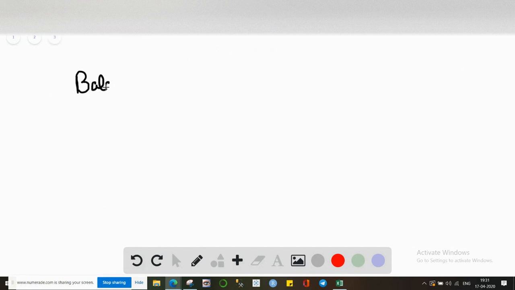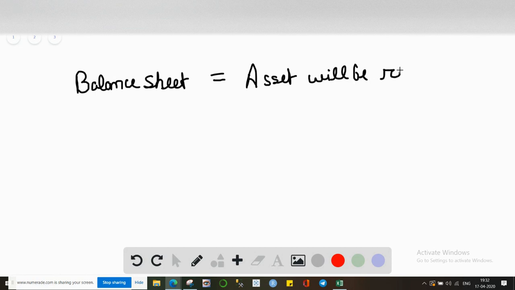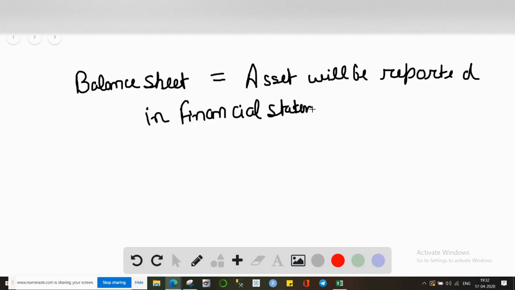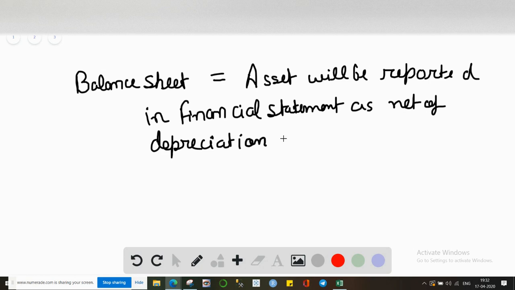At balance sheet level, what the balance sheet rule, or we can say the financial reporting standard, says is that the asset will be reported in financial statements as net of depreciation or at full cost.